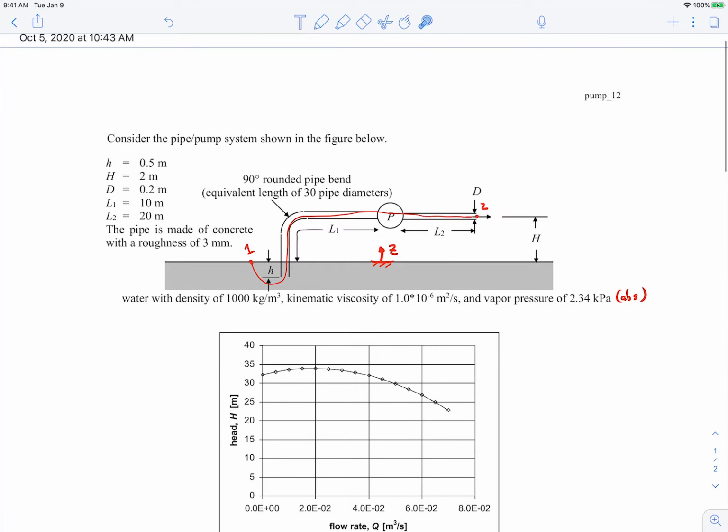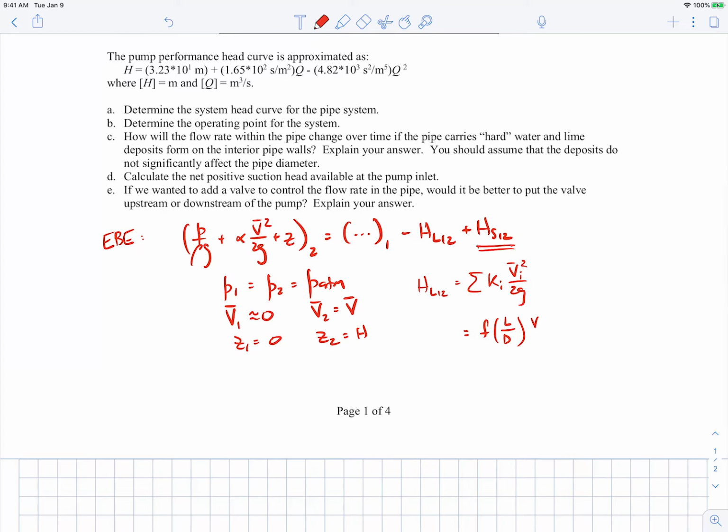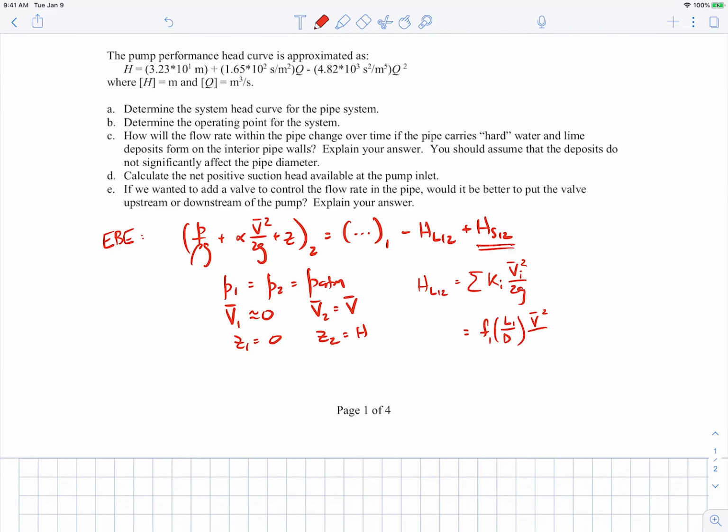We're told that the diameter of the pipe is 0.2 meters, so the diameter of both pipes is the same. So I'll just write D for that, but you'll see that we have 2 different lengths. So I'm going to write this in 2 different ways. I've got the friction factor in the first pipe, and that's the major loss in that first pipe. And then we'll have the major loss in the second pipe.